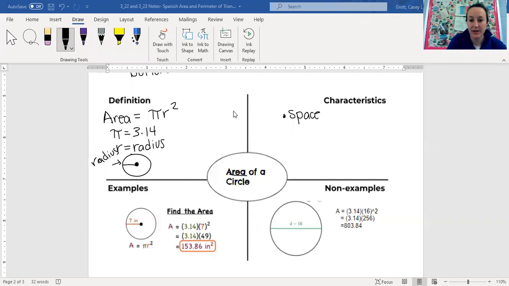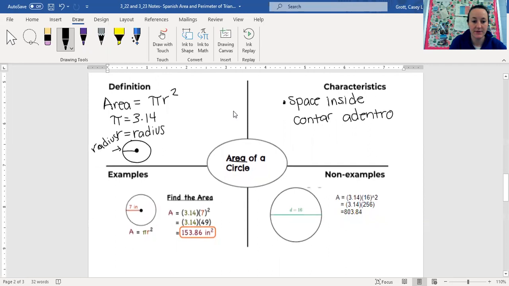Okay, since we're talking area, we're still talking about the space inside. Okay, so we are counting inside. And if we take a look, so here is pi, perfect. Here is my radius. Here's what the math would look like.